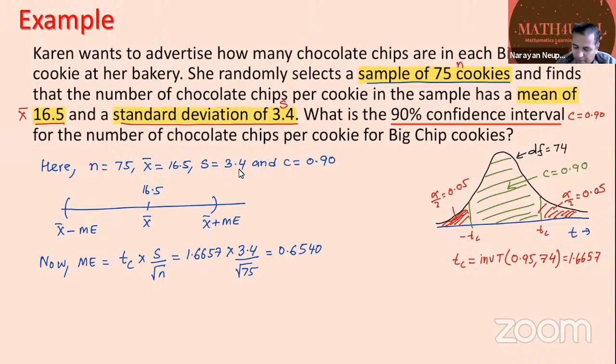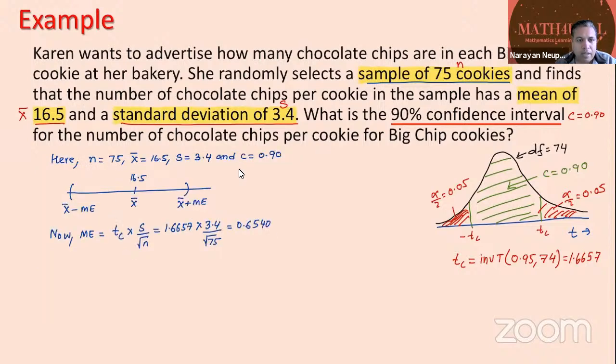Once we get the margin of error, now you can add and subtract the margin of error to get the lower and upper boundary for the interval. So now let's find the lower boundary for the interval. Lower boundary will be equal to, the value in the middle is 16.5 minus, we are subtracting 0.6540.